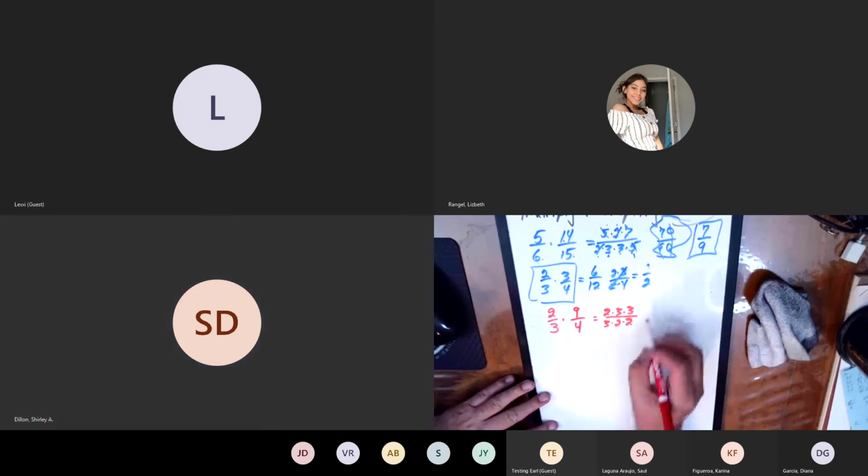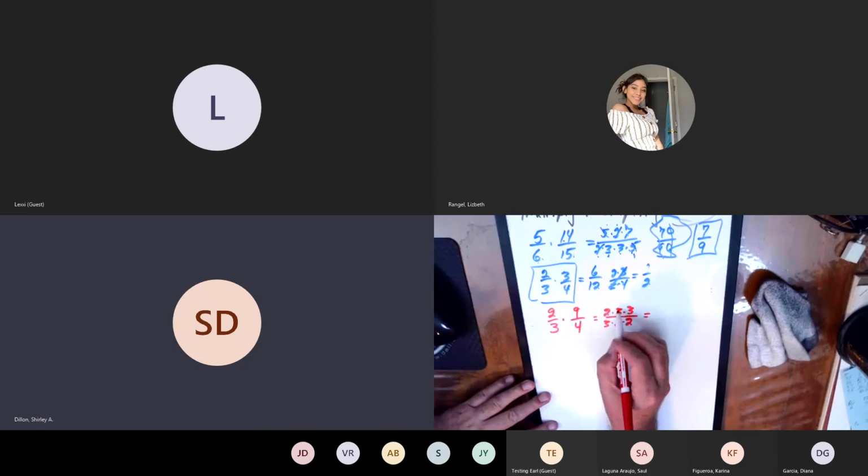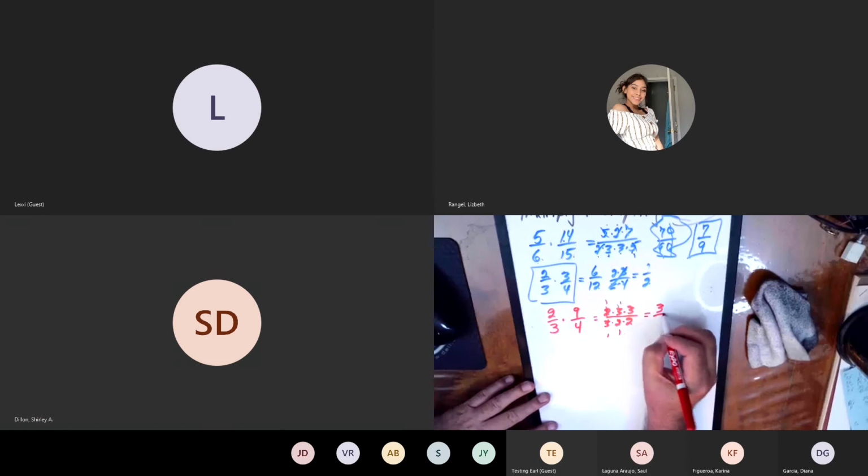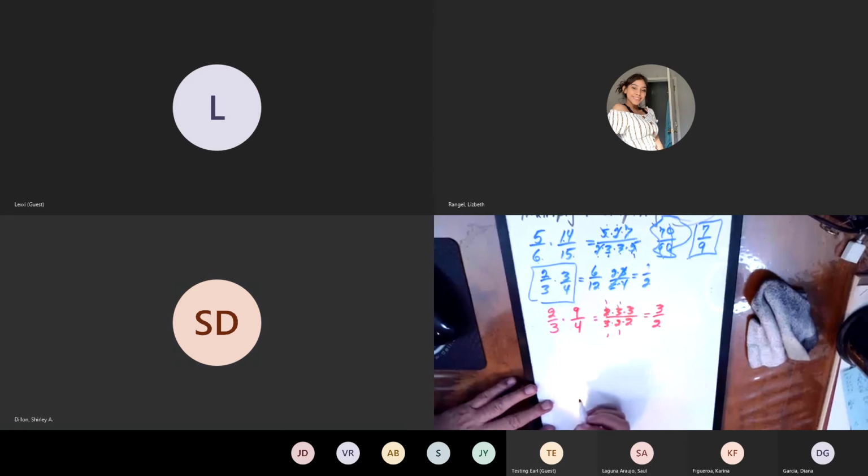So now I don't even have to do any reduction. The reduction's done for me. These 3s reduce out, these 2s reduce out, and I'm left with 3/2 as my answer. If you multiplied it out, you would have 18 over 12. You just have to do more work.